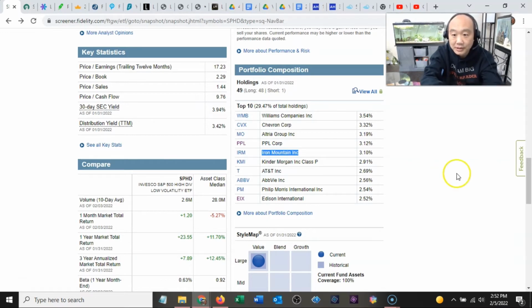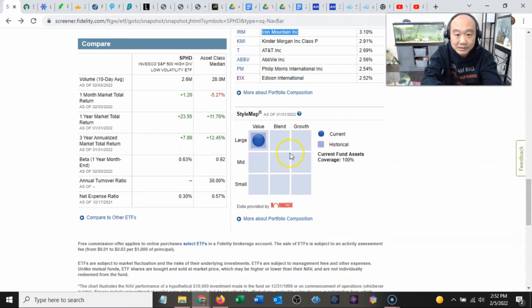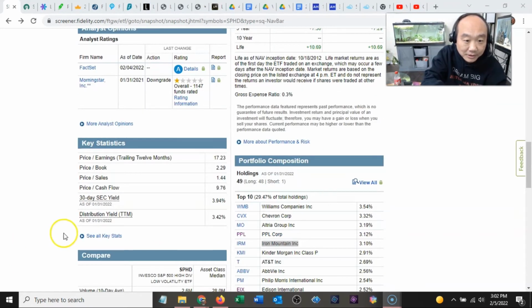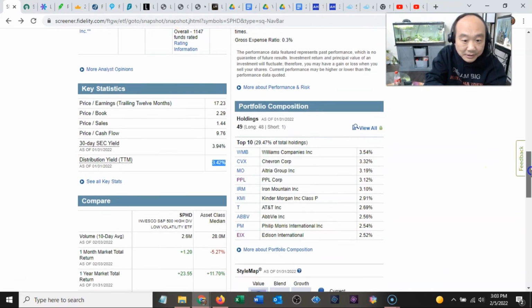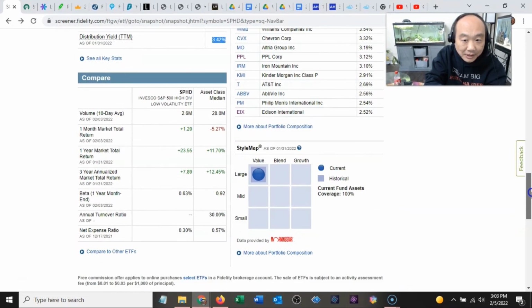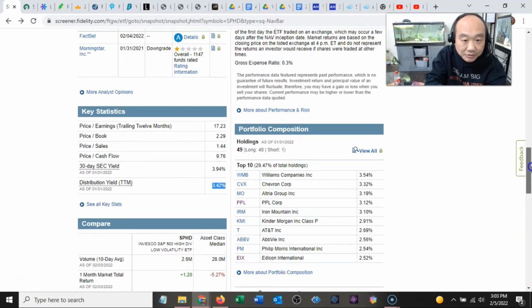So that's a good company there. The style is large value. And the high dividend part is here. Distribution yield for the trailing 12 months, 3.42%, which is not too bad. I mean, it's not super high, but definitely not too bad at all.